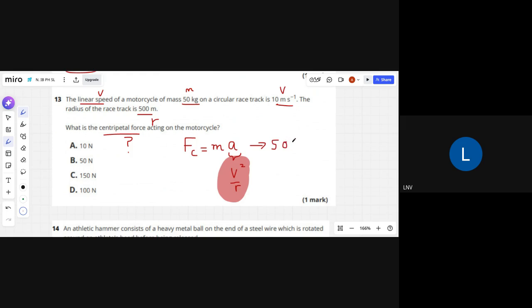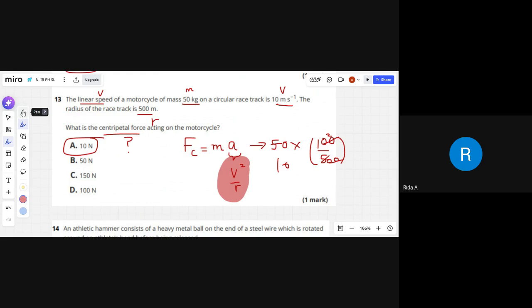Oh no, we already have the speed. So it's just 10 squared over 500 times the mass. Yeah, exactly that.